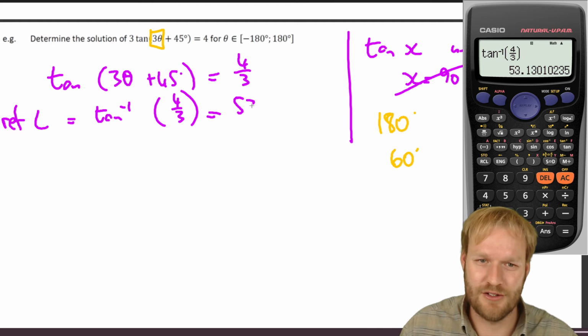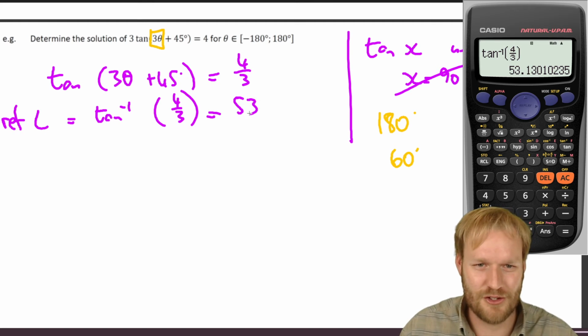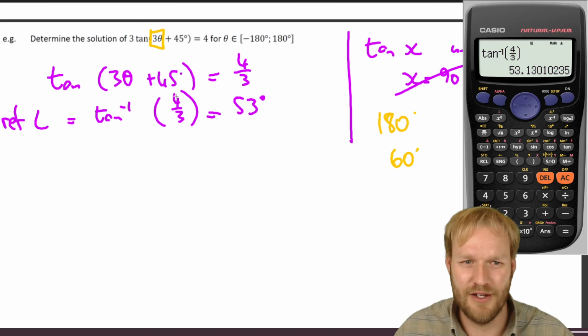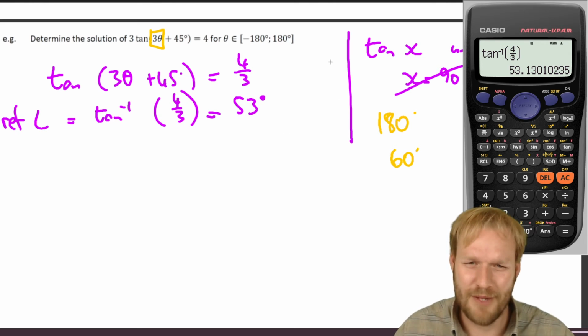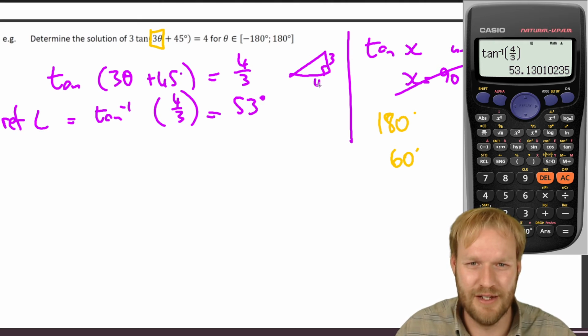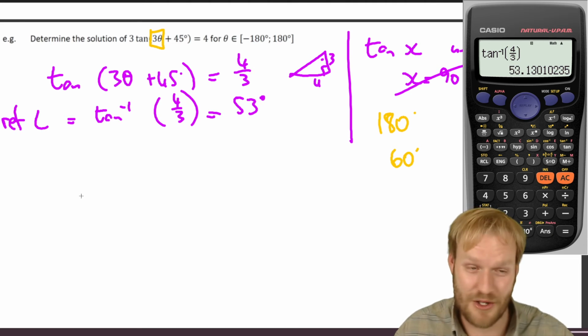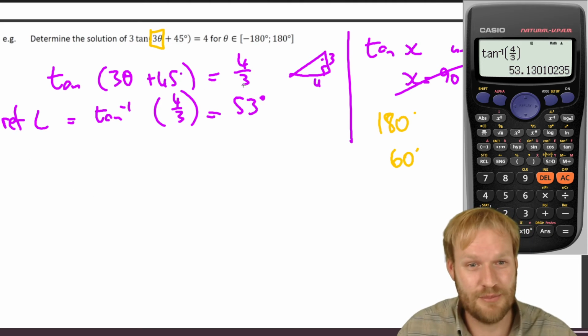I'm sure you've seen that 53. Do you start recognizing the 3, 4, 5 triangle and the 53 degrees yet? Okay, maybe not, but maybe you start seeing that 4 over 3 gives 53 there.